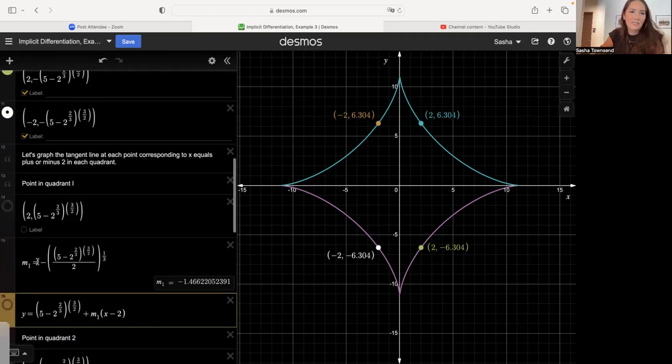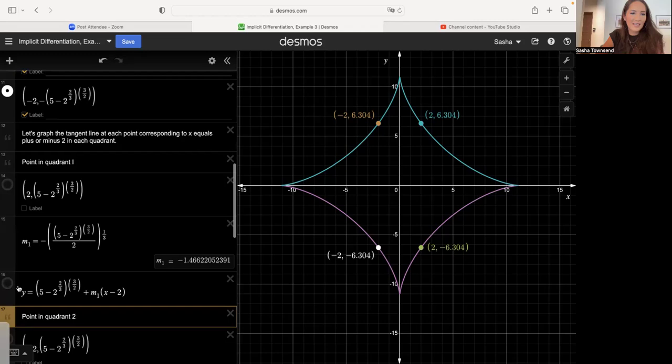Now our slope was negative y divided by x to the 1/3 power. So I just copied and pasted my y value, and then I copied and pasted my x value. There's my y divided by x to the 1/3. Actually, I put that point in there twice.